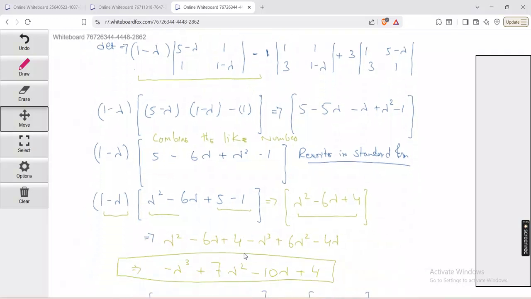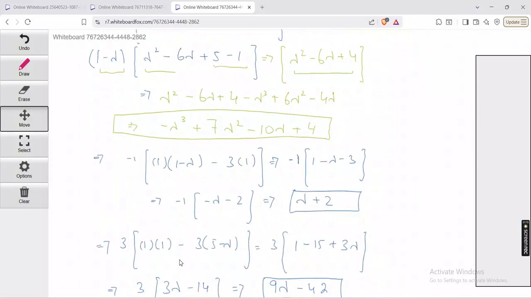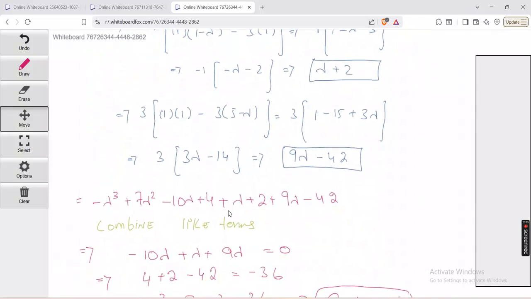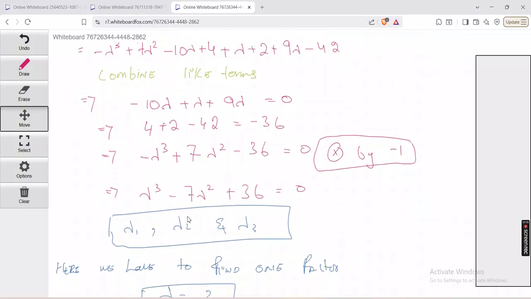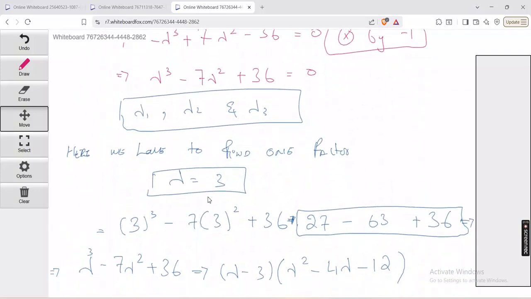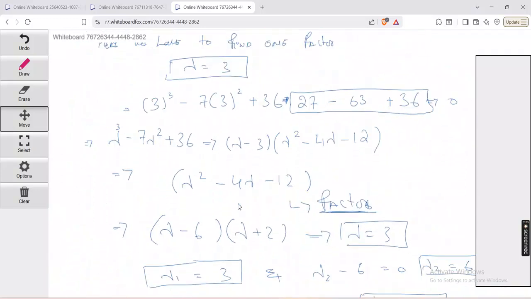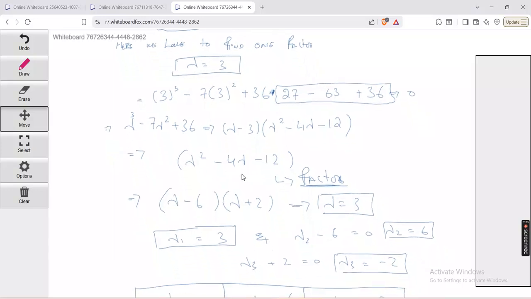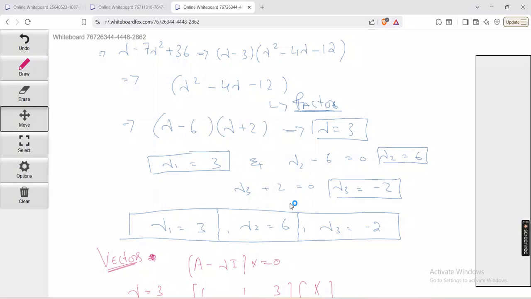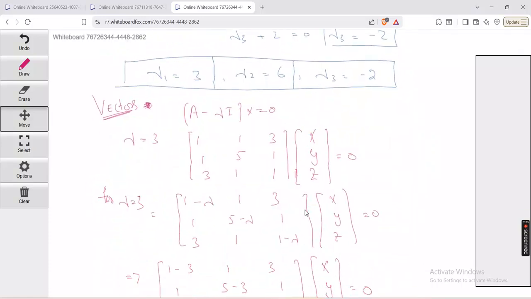Try to simplify as much as you can and then do it step by step. So you will reach one point, and once you reach this type of equation, just make it into factors and you will get the values for your eigenvalues. Once you have eigenvalues, then you need to find vectors.